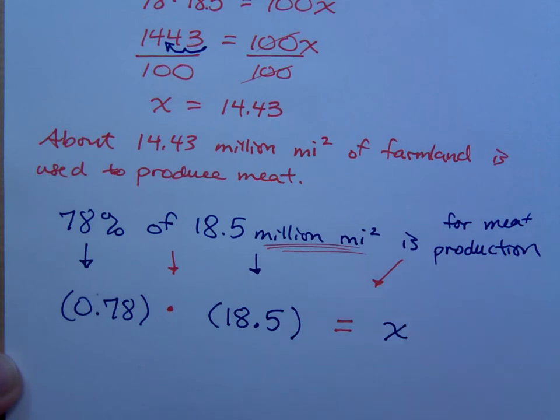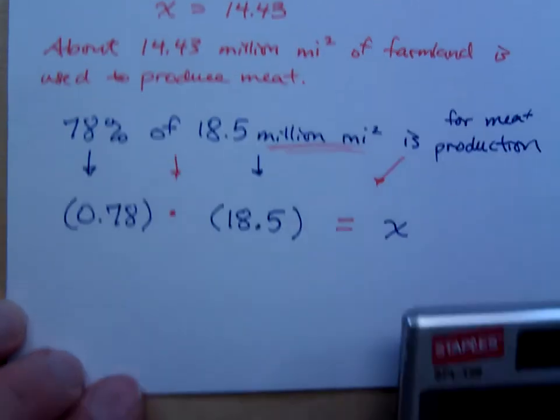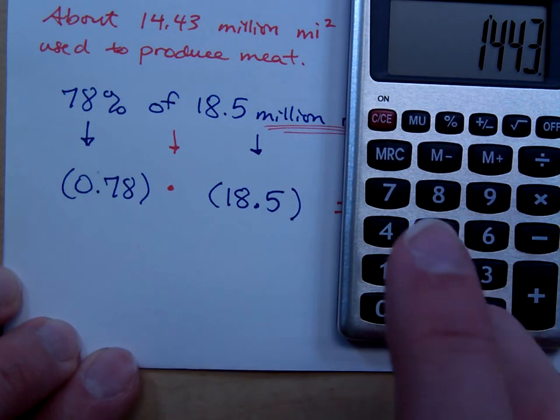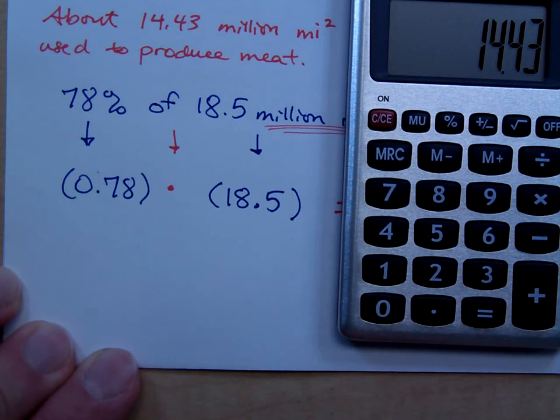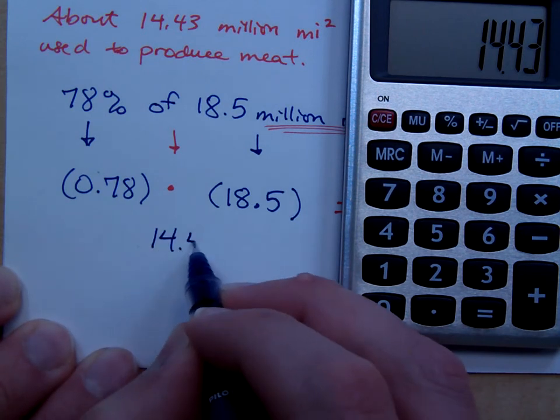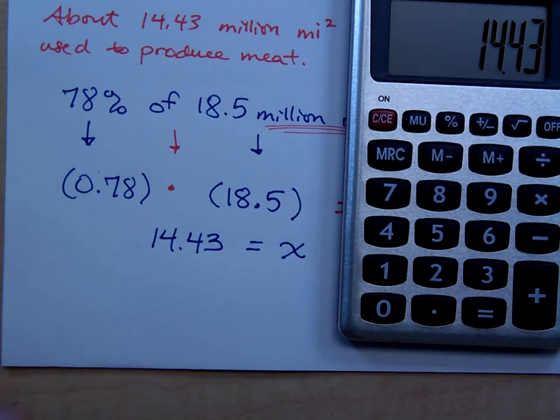Right, so we don't know that. And if you work this out, what's 0.78 times 18.5? 0.78 times 18.5 gives you the 14.43 that we had above. So using the percent equation is really easy and very quick when you know the whole and you know the percent. Because all you're doing is multiplying the percent times the whole. That gives you the part.